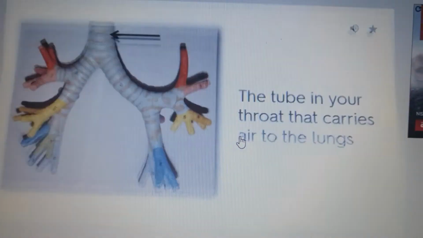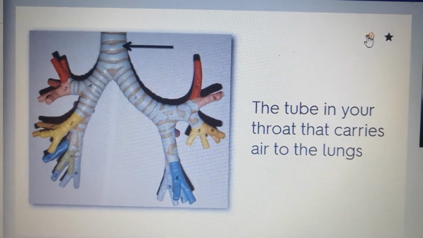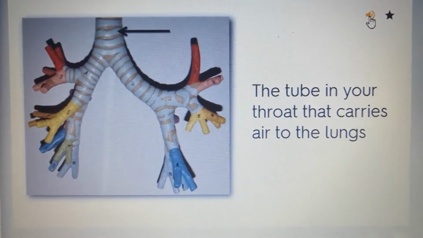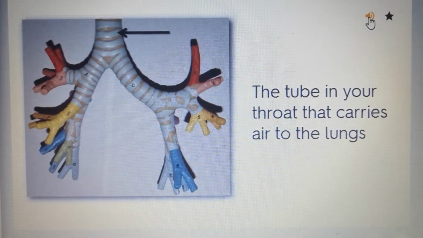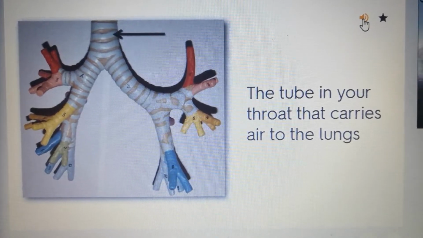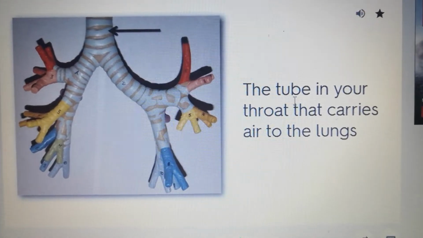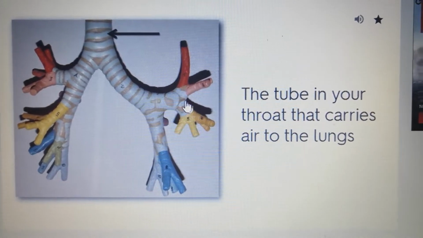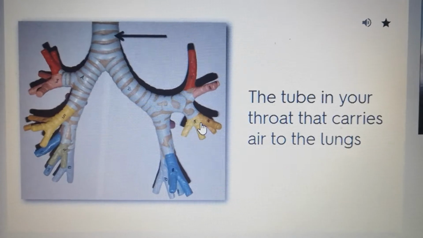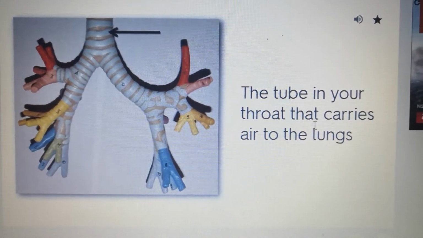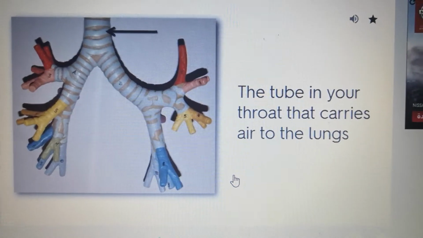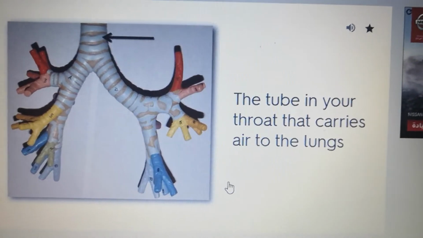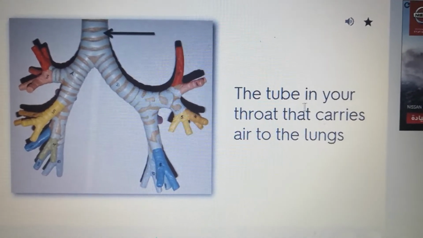Trachea is the tube in your throat that carries air to the lungs. So you will find this trachea in your throat. For example, your trachea lets air into your lungs.